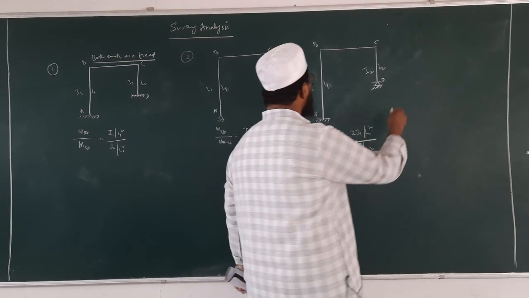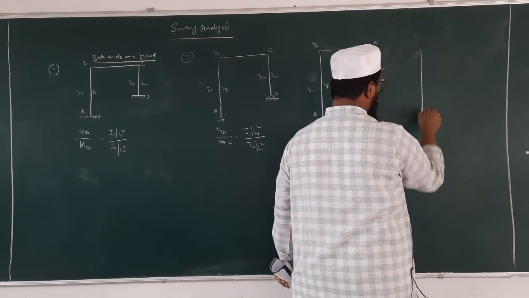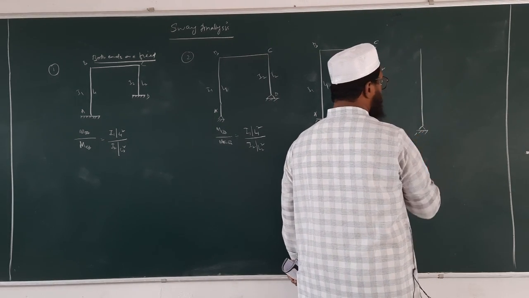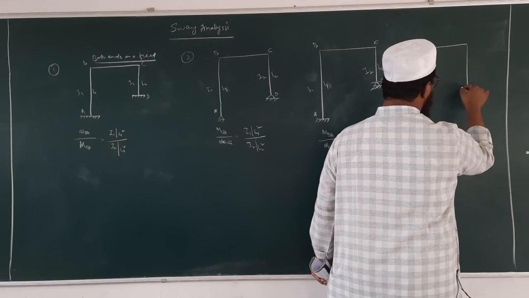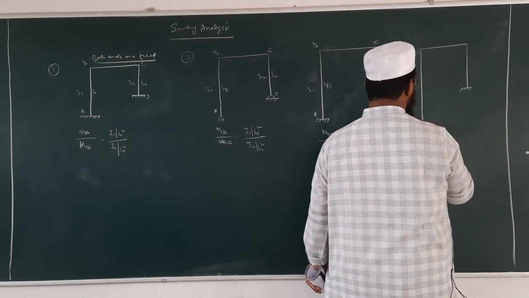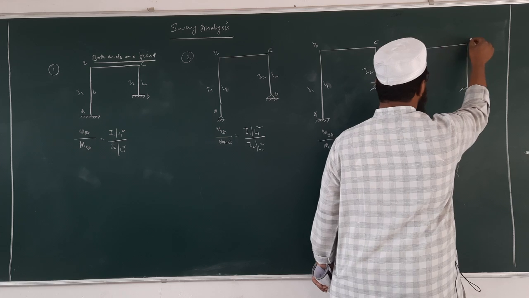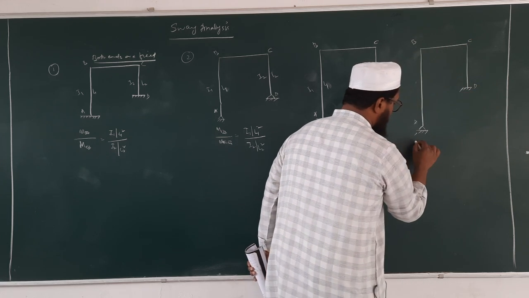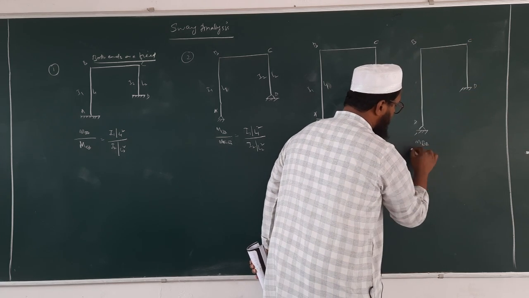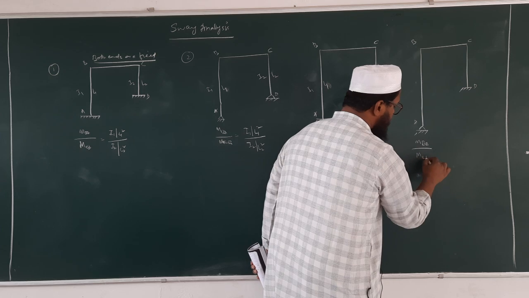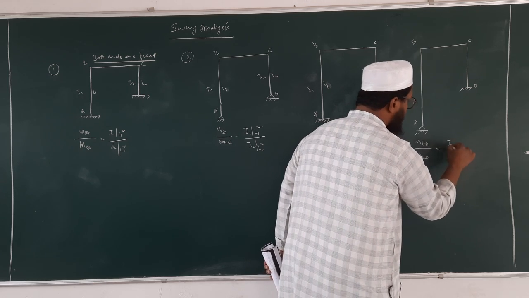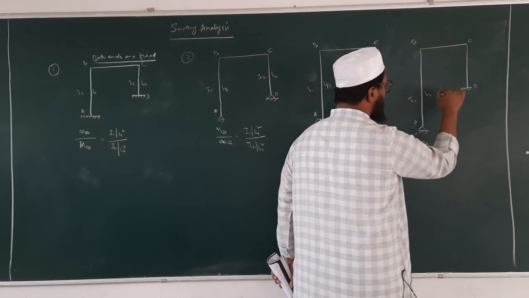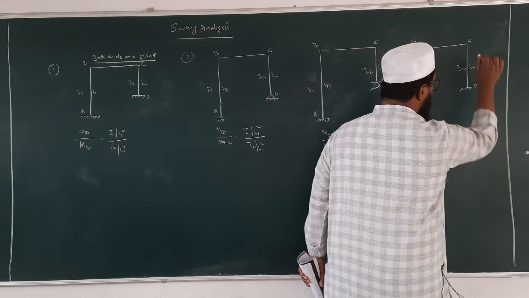Okay. Suppose for example, in another case, this end is hinged and this end is fixed. So this is A, B, C, D. So what will happen here? MBA by MCD is equal to, this is I1, L1, this is I2, L2.